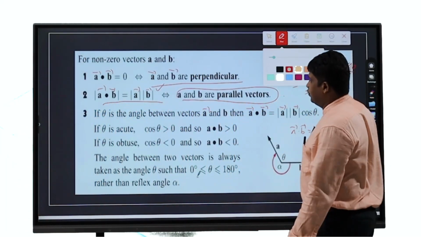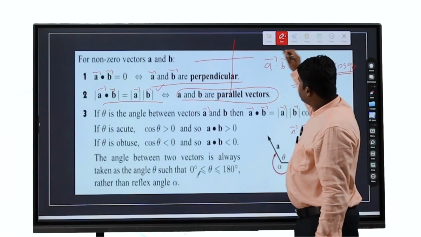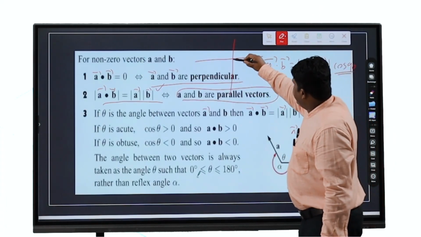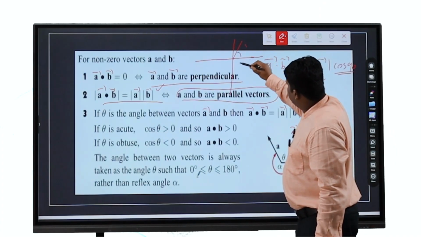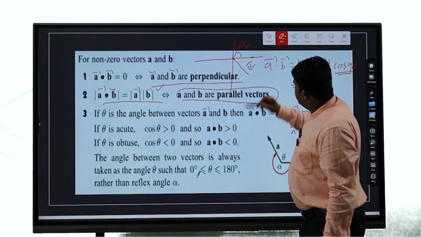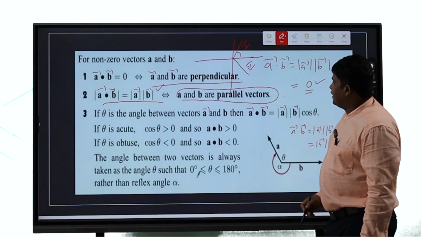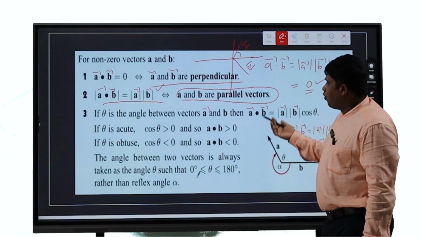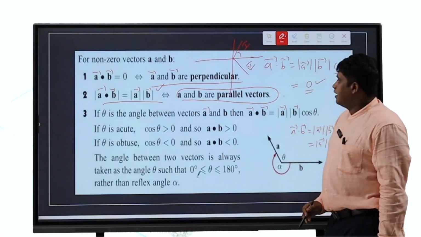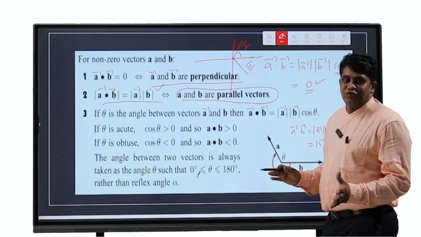Theta acute means it lies either in the first quadrant or the fourth quadrant. Cos theta is positive in both, because in the fourth quadrant cos is positive, and in the first quadrant all trigonometric ratios are positive.